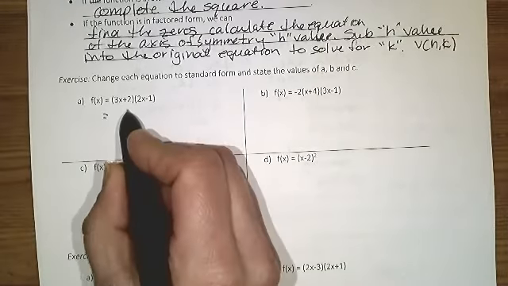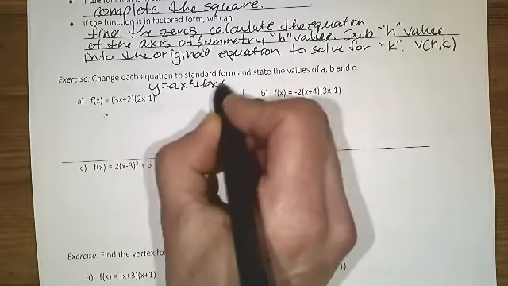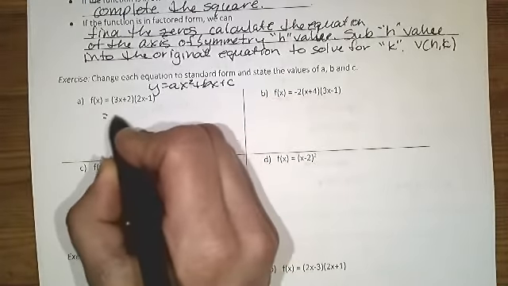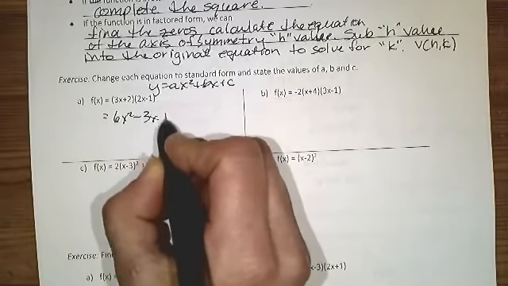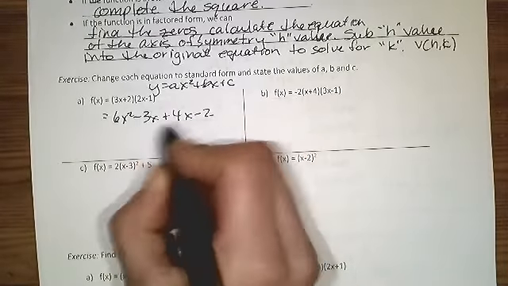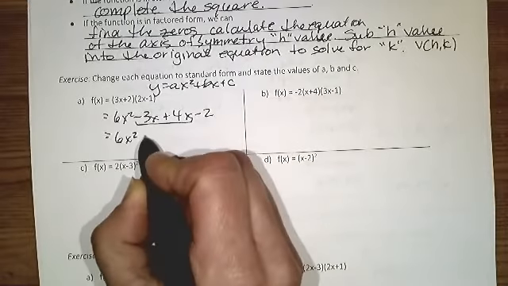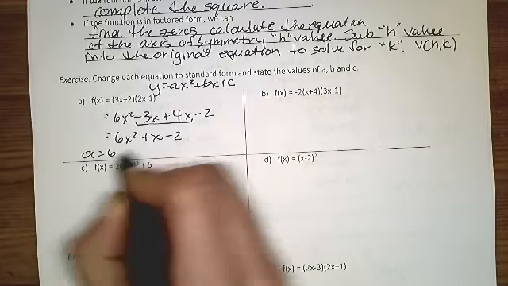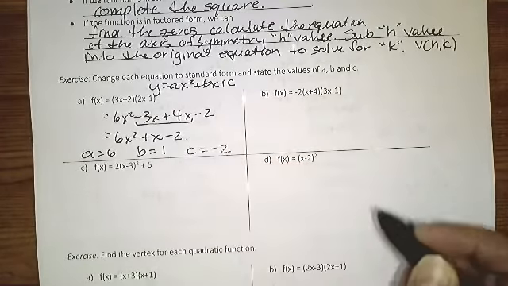Remember, standard form has no brackets. So we want to expand and simplify here. We'll do our FOIL: 6x squared, subtract 3x, add 4x, subtract 2. Collect our like terms: 6x squared, add x, subtract 2. So A is equal to 6, B is equal to 1, C is equal to -2.